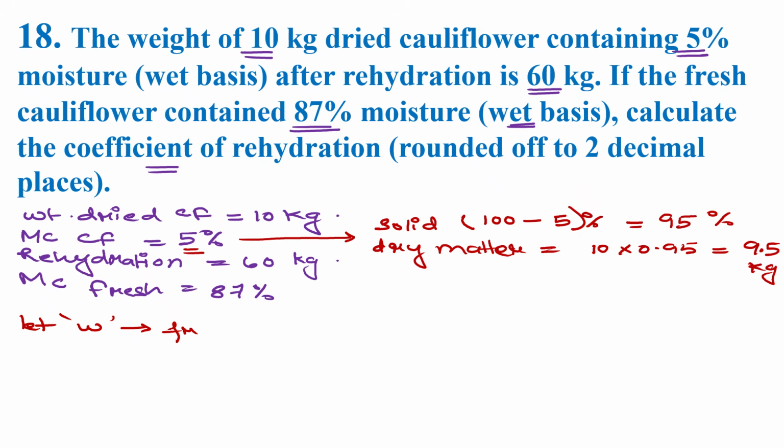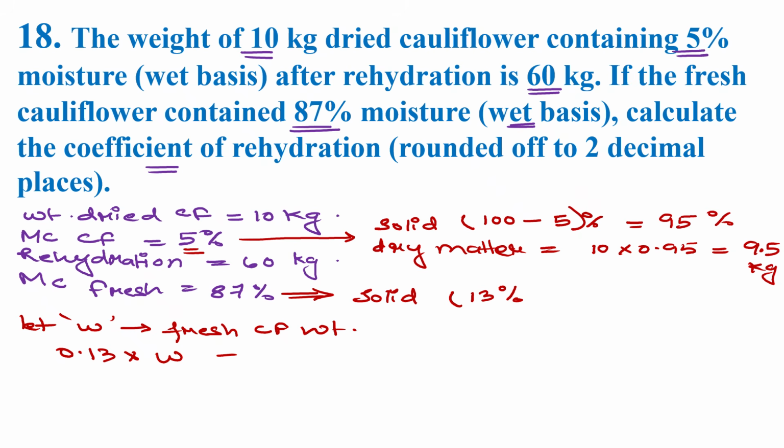Now since moisture content of fresh cauliflower is 87%, so solid matter will be 13%. Now we have to calculate the fresh cauliflower weight. Similarly, we can say that 13% means 0.13 into the weight which we are assuming is equal to 9.5, the dried one, solid matter.